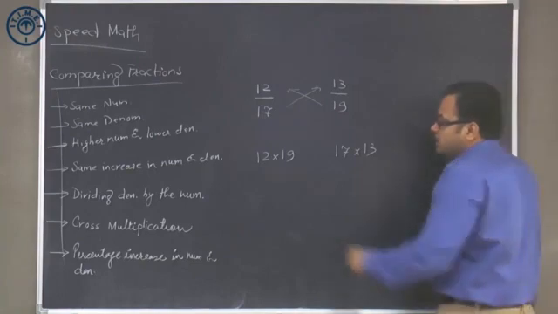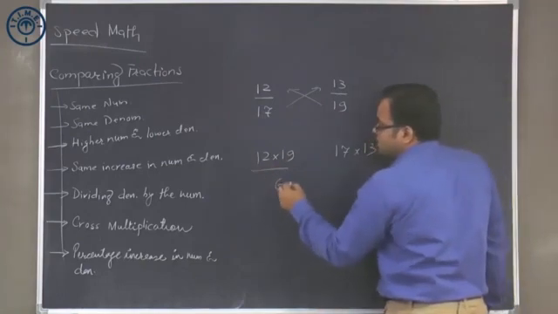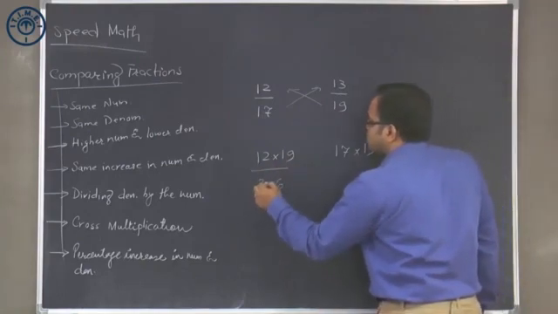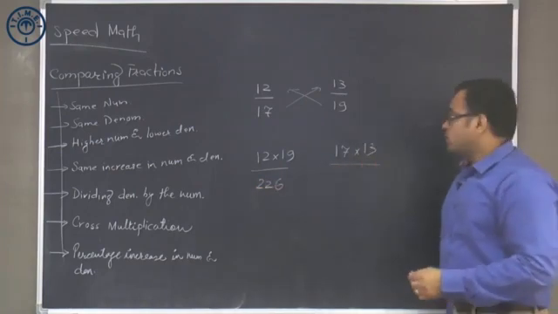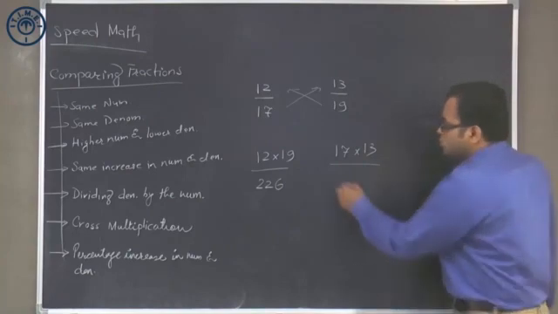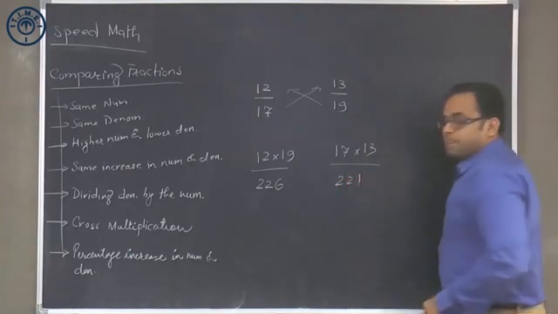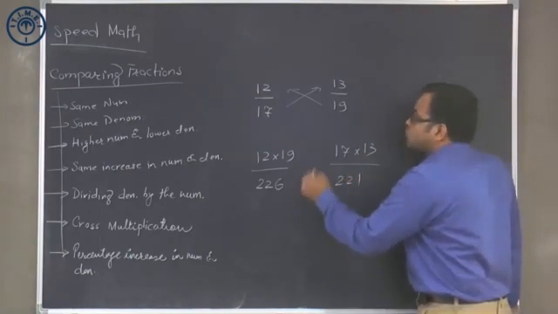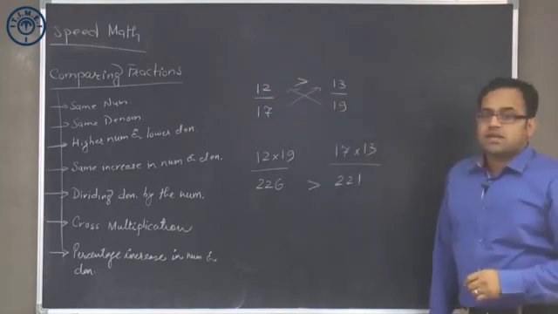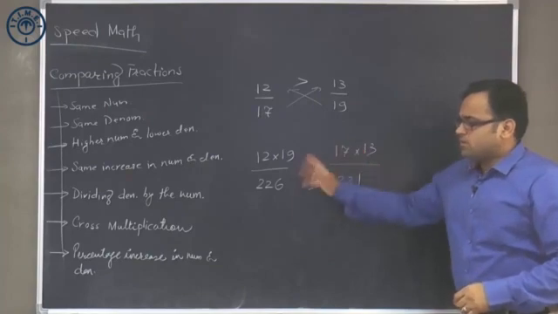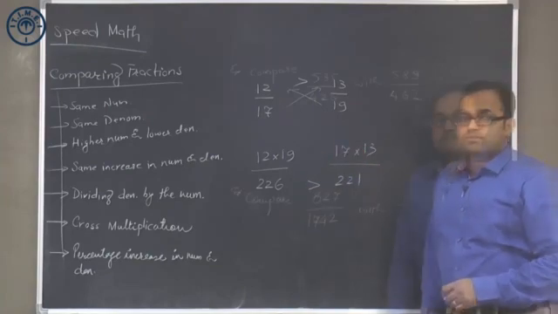Now 12 into 19 is 19 2 is 38, so 228. 17 into 13 is 221. 228 is greater than 221, so therefore the first number is greater than the second number. This is very simply cross multiplication of the two numbers.